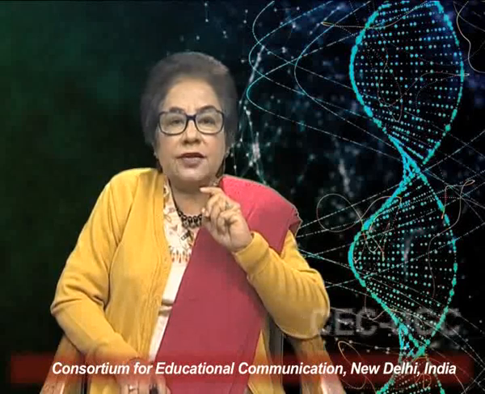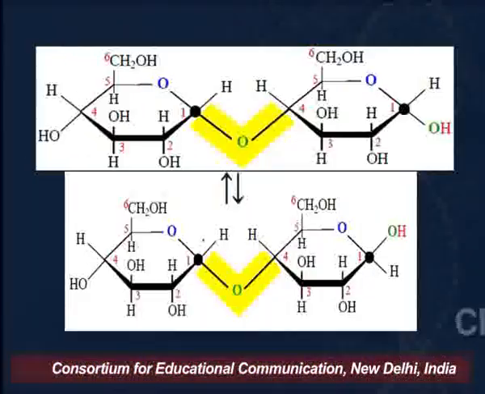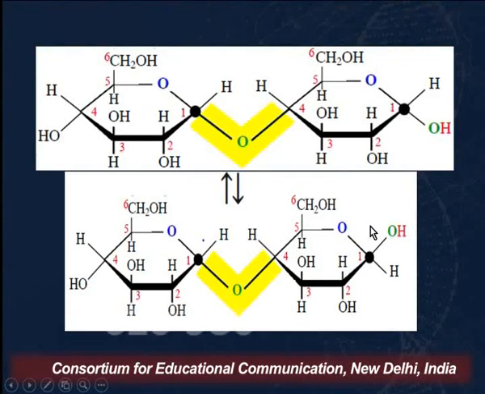So here I have just taken the two extreme forms, this is your alpha form, and this is the beta form. When we talk of the alpha form here, we find that the OH is on the lower side on the anomeric carbon here, and in the beta form the OH is above.